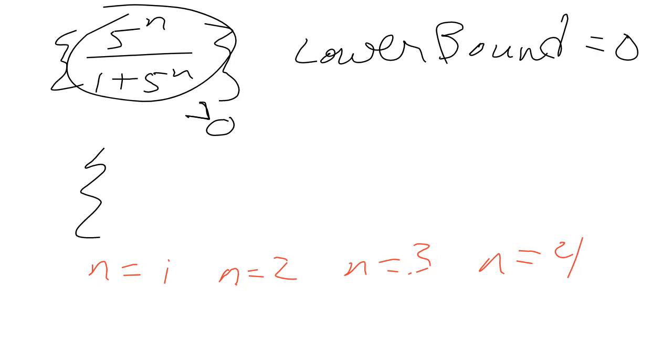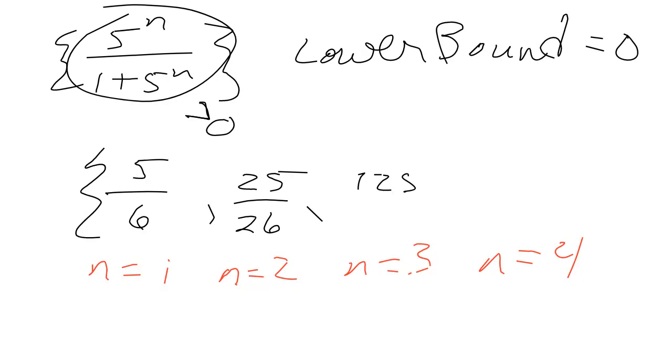If I plug in 1, I get 5 over 1 plus 5 to the first, which is 5/6, right? If I plug in 2, I get 25 over 26, right? If I plug in 3, 5 cubed is 125, and then over 5 cubed plus 1, which is 126.